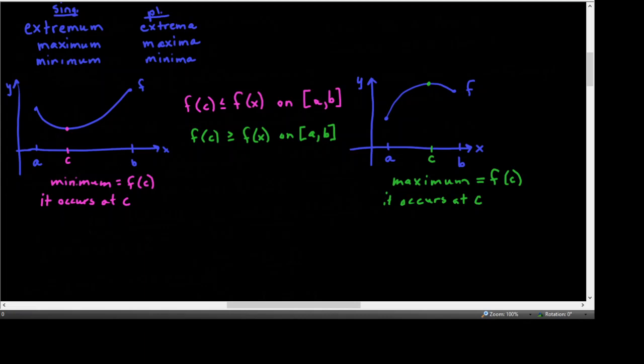Extrema can occur at interior points or endpoints of an interval. Extrema that occur at the endpoints are called endpoint extrema. So I didn't have one, well actually I do. If you look at the first graph, the maximum value on I occurs at B, and f of B is the maximum.